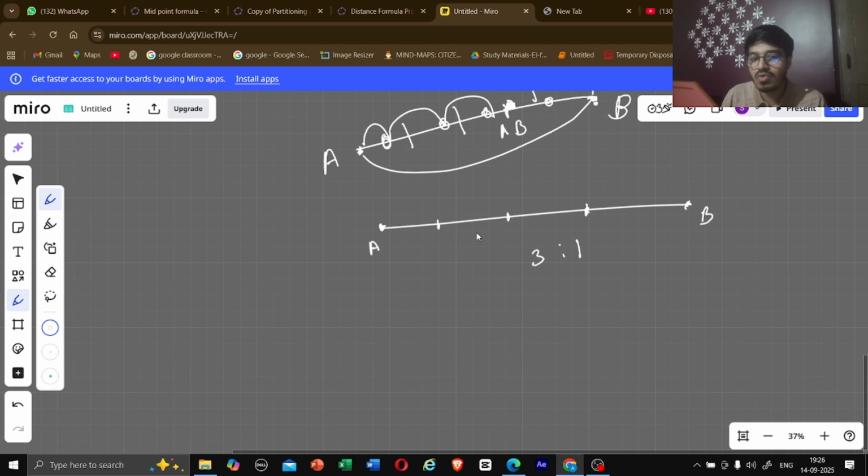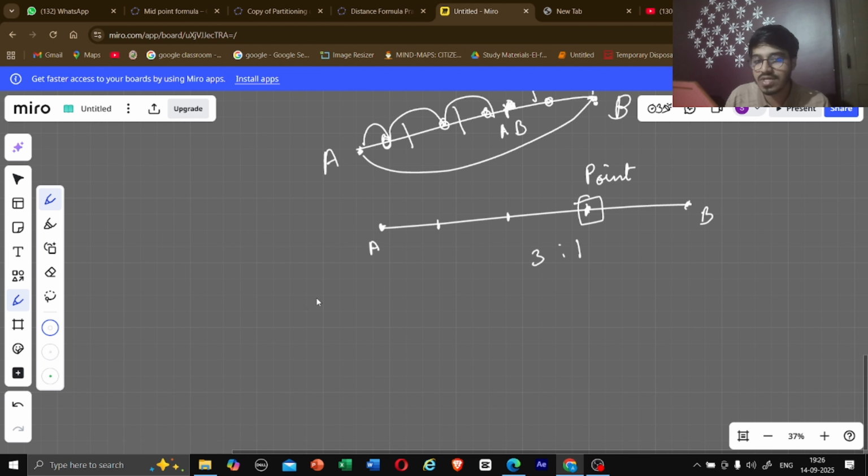Okay. Now how to measure, and how to see where they have met. They have met at this point, right? So how to measure this point?